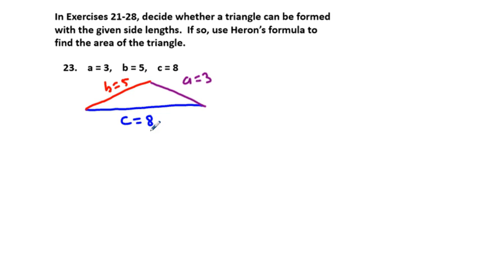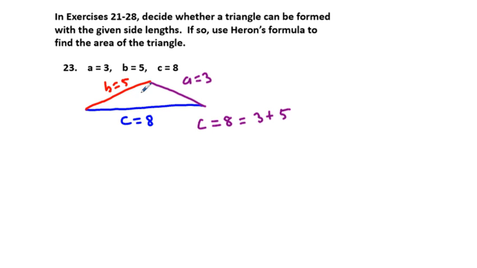Now in this case, we have C equals 8, and that is equal to side A, which is 3, plus side B, which is 5.